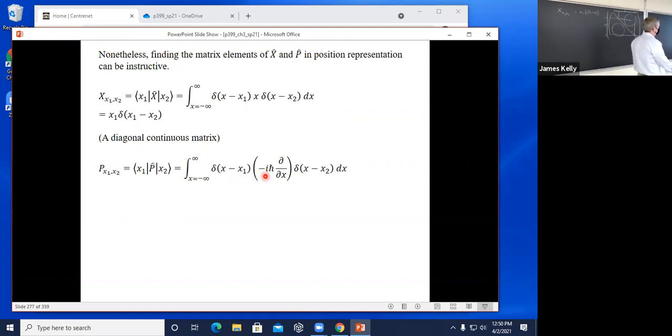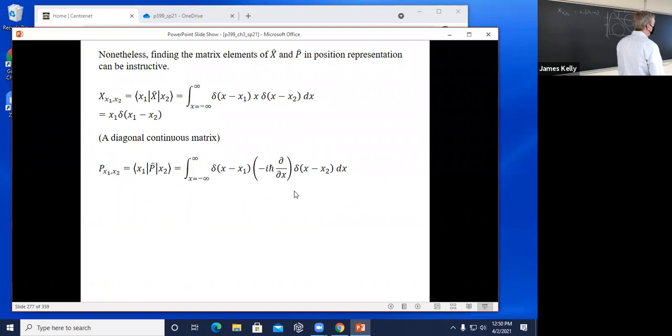Here I've got something over here, and it's next to a delta function. Without worrying too much about the stipulation that that function should be continuous, let's just evaluate this function at the value where this blows up, and that's at x equals x1. So evaluate this at x equals x1.